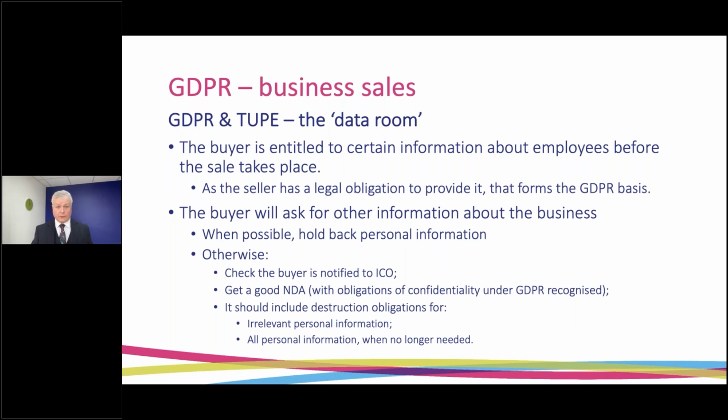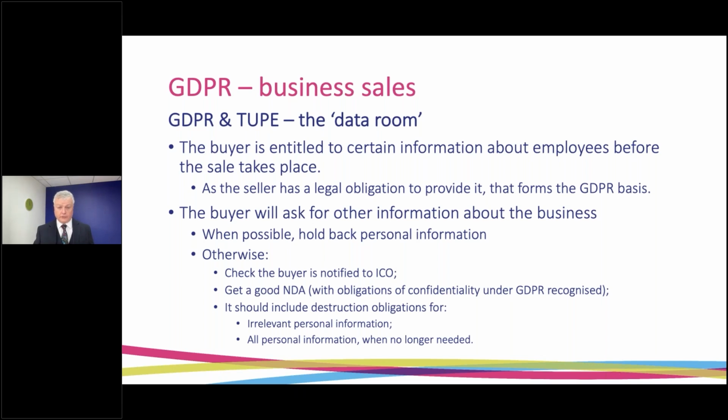But there's also a GDPR imperative in that you shouldn't be handing over any personal information to somebody who is merely negotiating to buy the business unless it is absolutely necessary to do so. And you're going to need to check that the buyer is notified to the ICO. You can check their registration on the ICO website easily enough and insist that they get registered if they're not already registered.